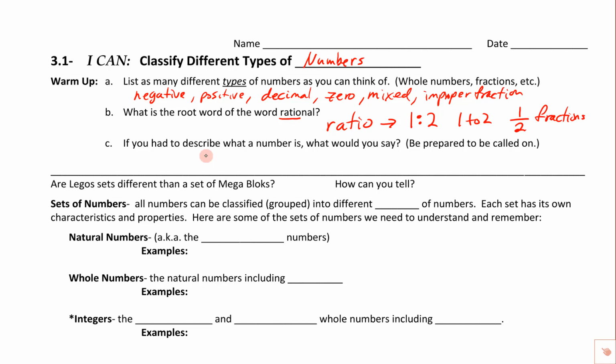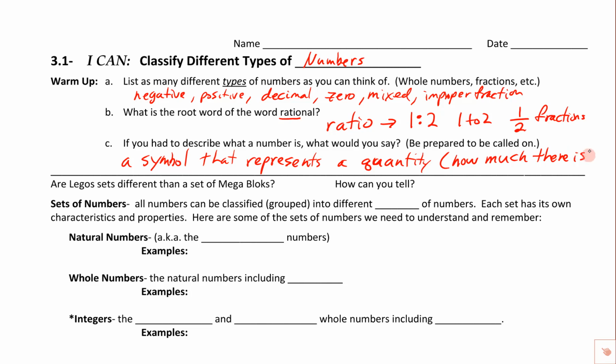A good way to describe this is it's a symbol, and what it does is it represents a quantity, or in other words, how much of something there is. So whether we're counting sticks or animals or whatever it happens to be, it's a symbol that represents how much of something there is.